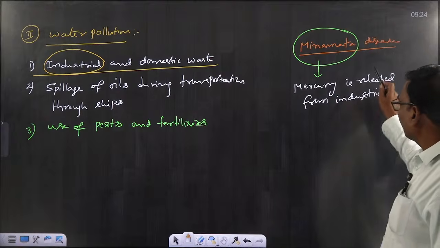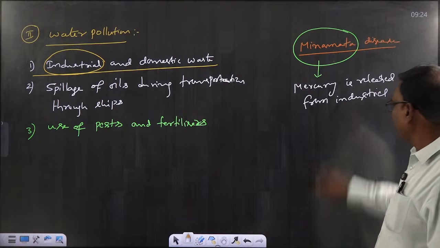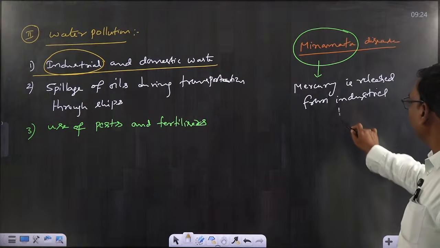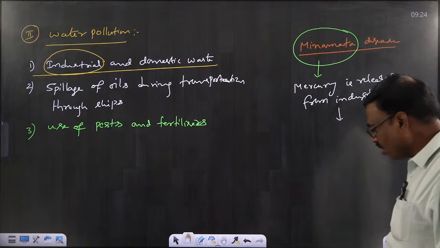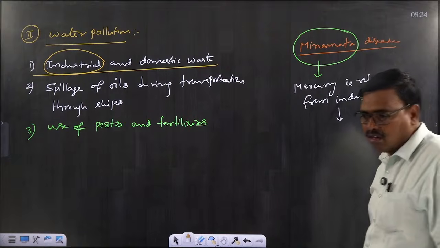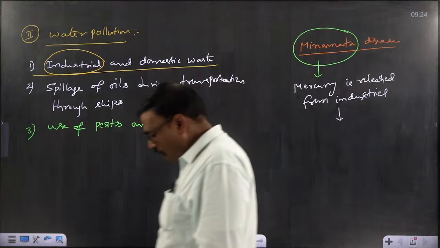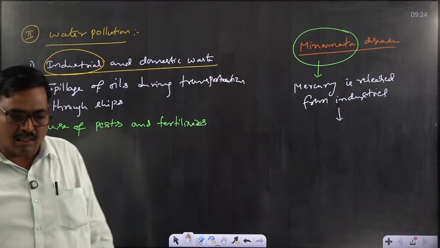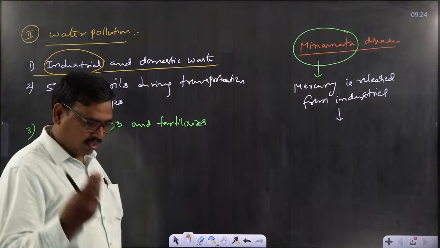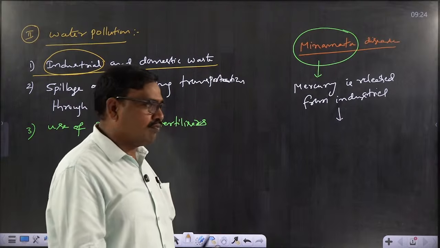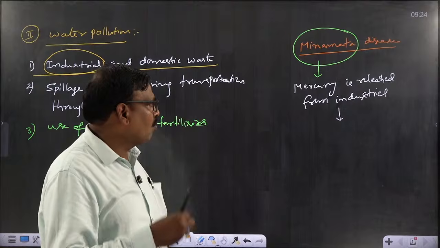That's why the mercury enters the food system. What is a food system? It is the transport of various levels of pollutants through the food chain.